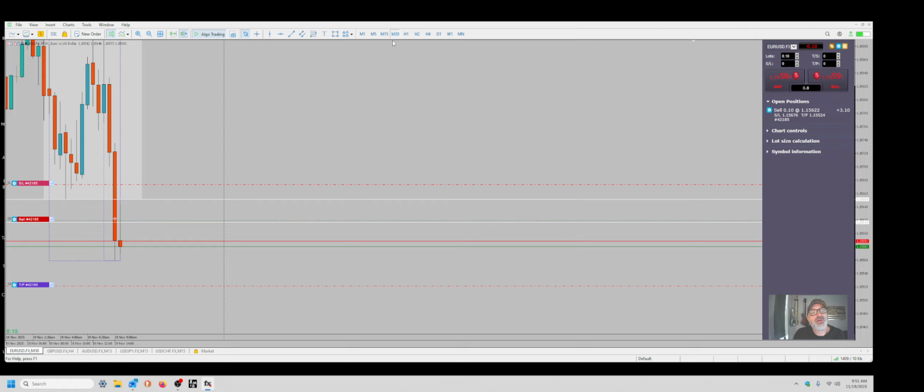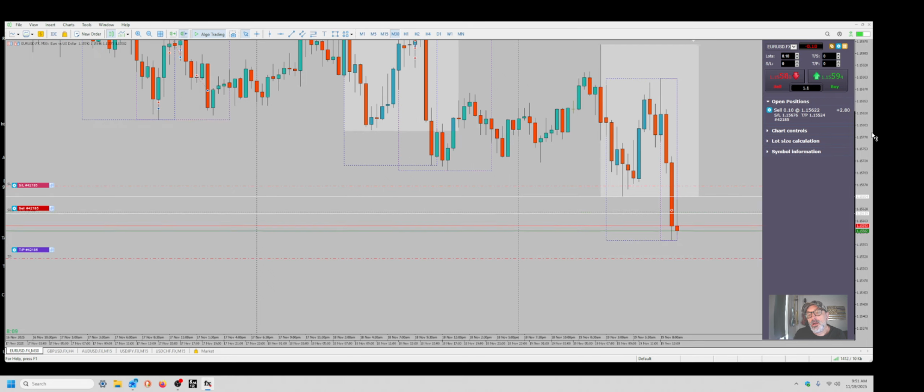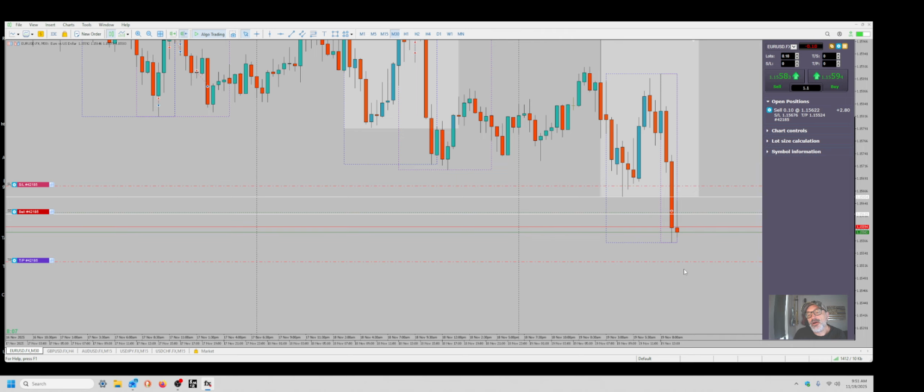Sometimes you could take a look at that 30-minute candle and this 30-minute candle. We got these three pushes down, and if you're into smart money concepts or fair value gaps, we have a little gap right inside here.